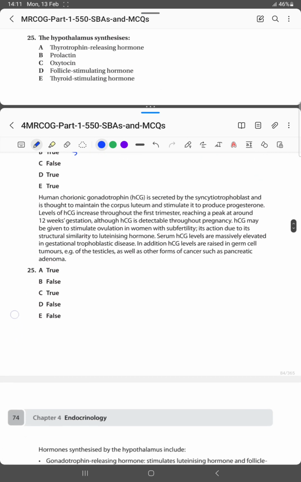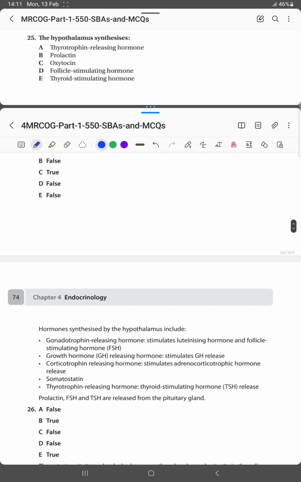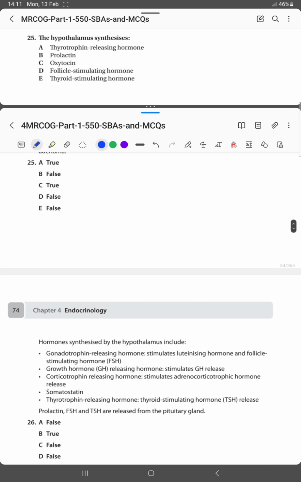The next question is regarding hypothalamic synthesis. The hormones which are synthesized from the hypothalamus are gonadotrophin releasing hormone, which stimulates luteinizing hormone and FSH. They also secrete growth hormone releasing hormone, which stimulates growth hormone release from the anterior pituitary gland.